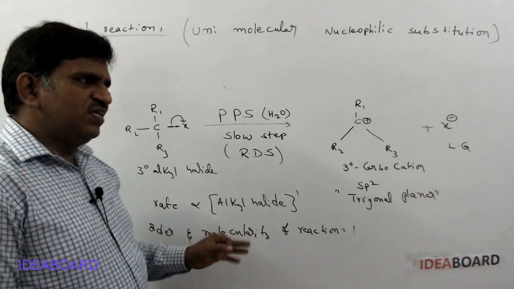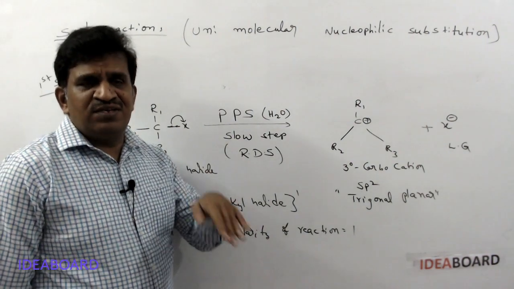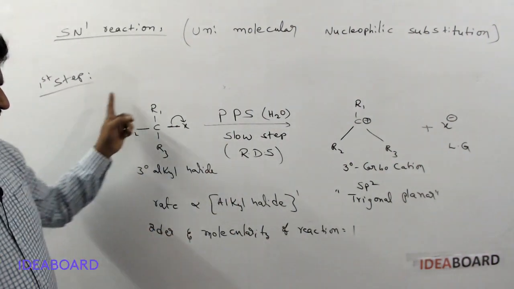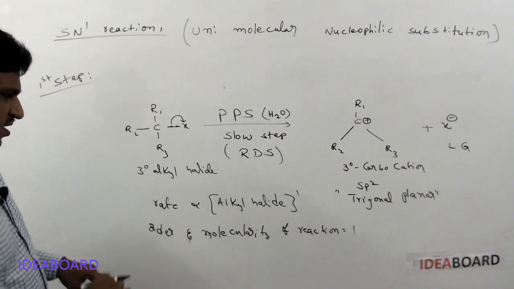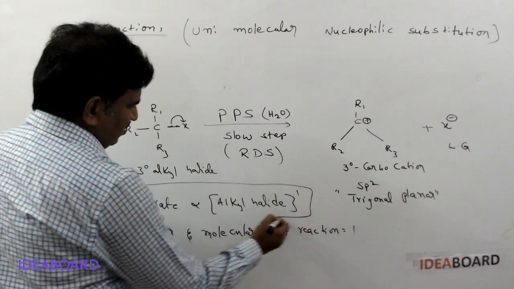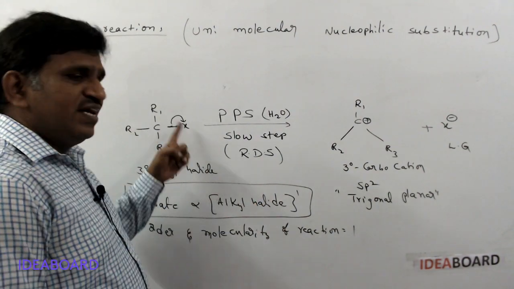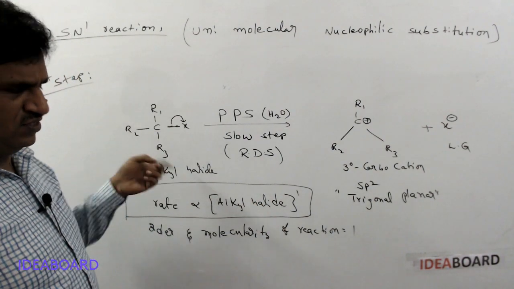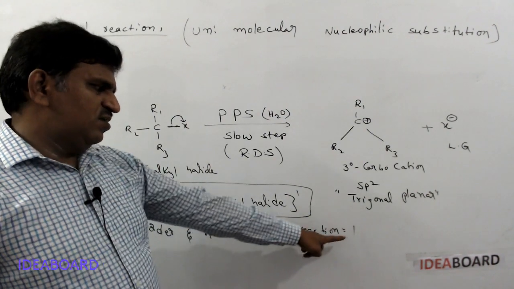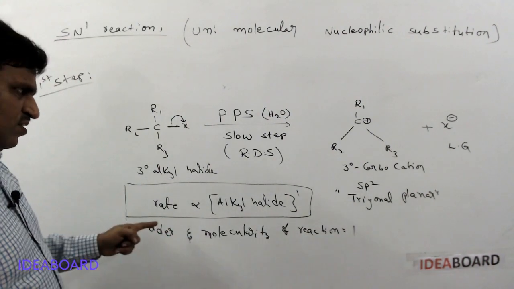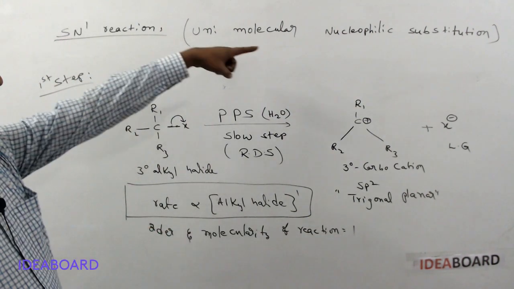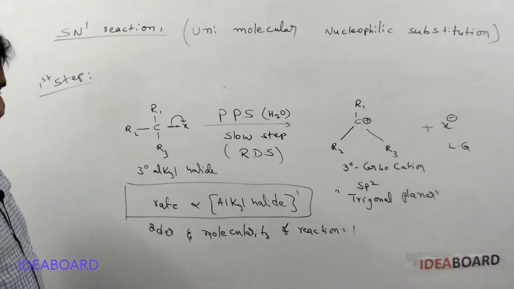Why are we calling it SN1 or unimolecular? Here the rate of reaction depends on the concentration of only one reactant molecule, the alkyl halide. So the order and molecularity of the reaction is 1. So this is called a unimolecular nucleophilic substitution reaction.